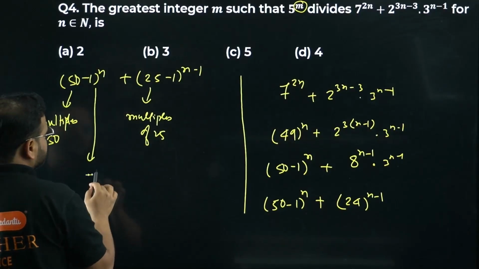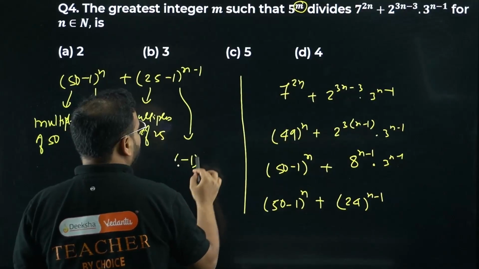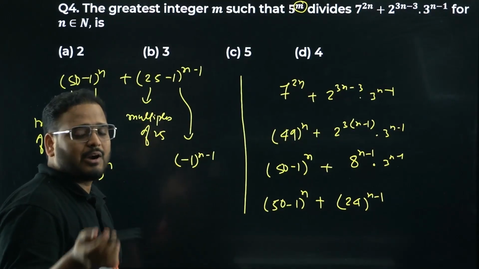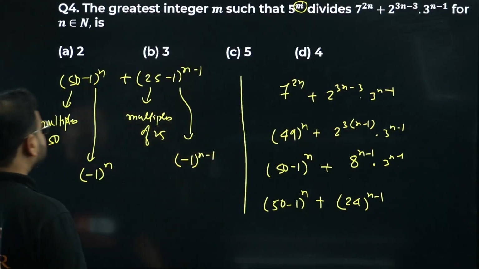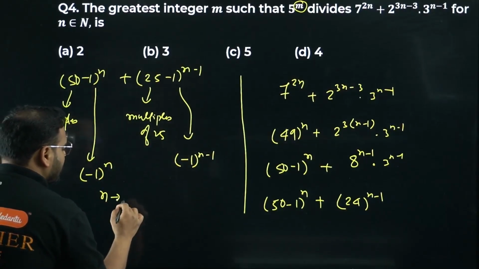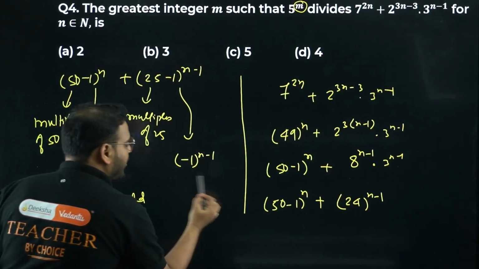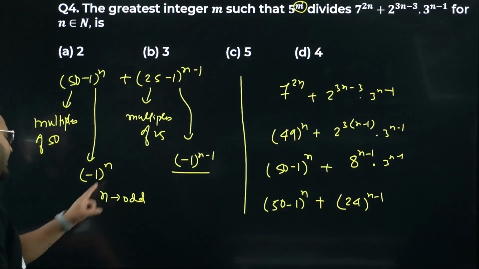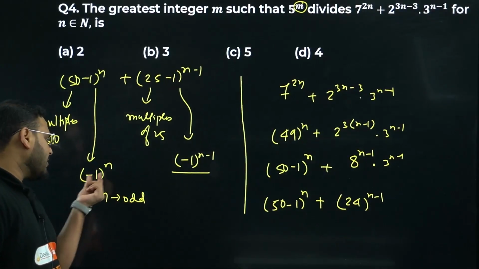What about this part? It will give me minus 1 power n, and this will give me minus 1 power n minus 1. Generally this will give me this. Basic idea is, let's say n is an odd number, so I'll have this as negative and this will become positive. Yes or no? Let's say n is 7. Minus 1 power 7 is negative.